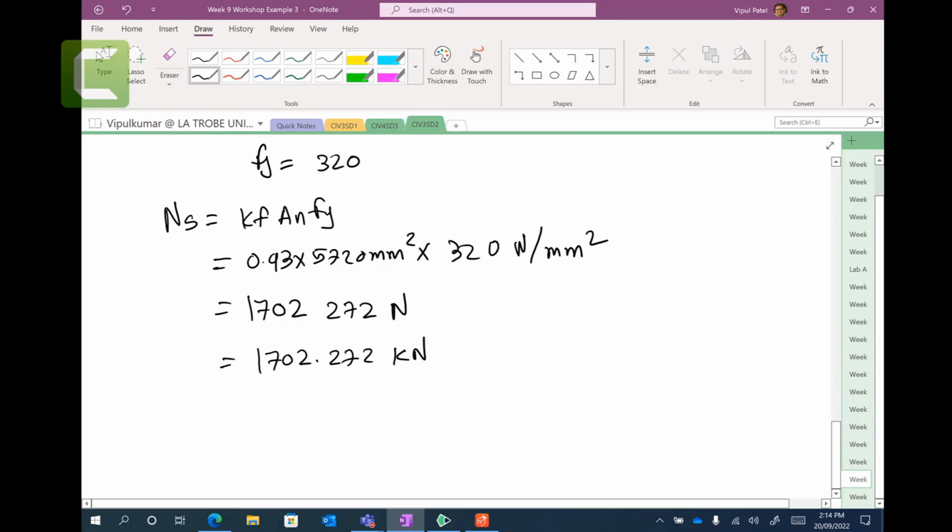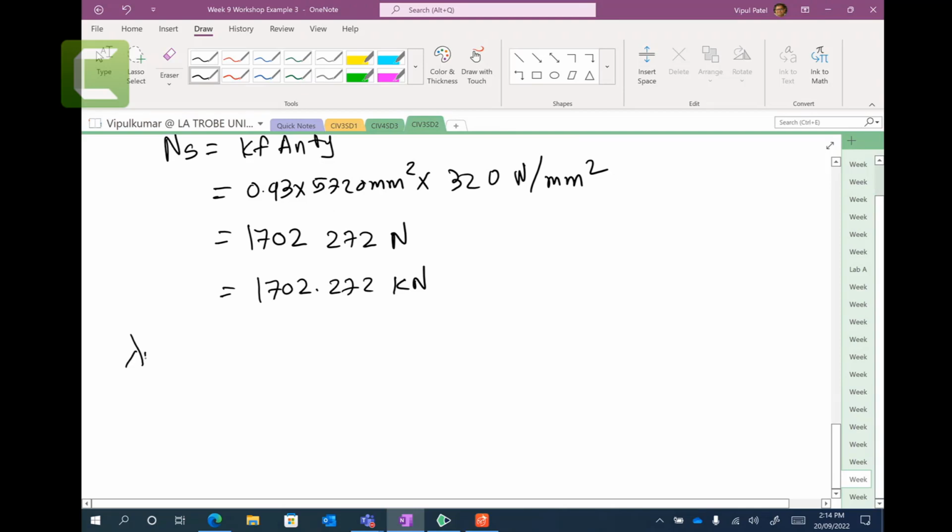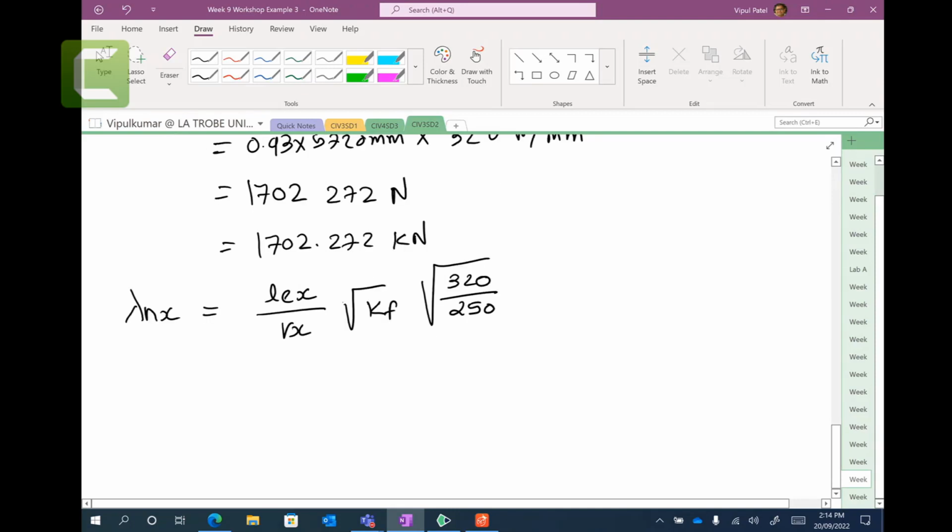Now we need to calculate this because it has a different length, which is lambda nx, length of x over rx, kf, fy is 320 on 250. Right?